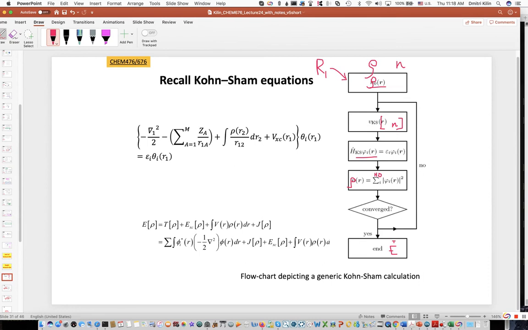And the only thing that differs in different implementations, different codes that one can change by running DFT, is the equation for this Kohn-Sham potential or the equation for total energy as a functional of the density.